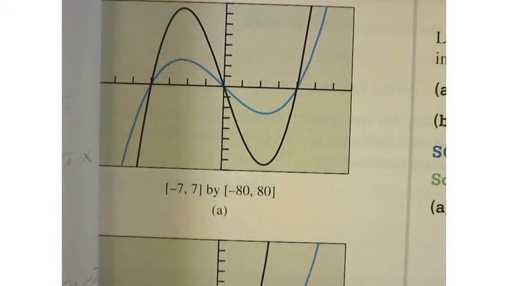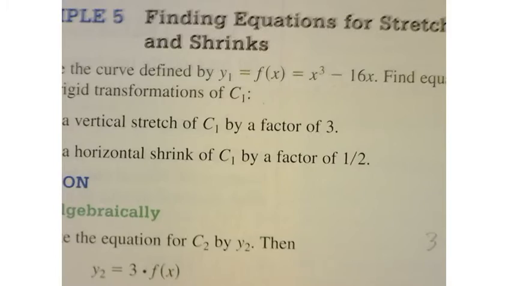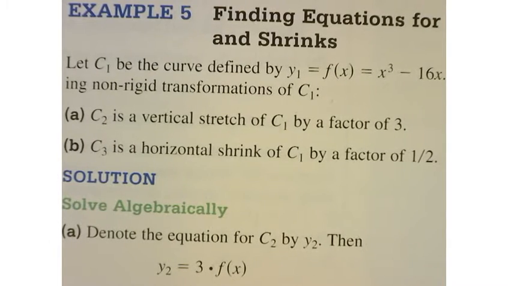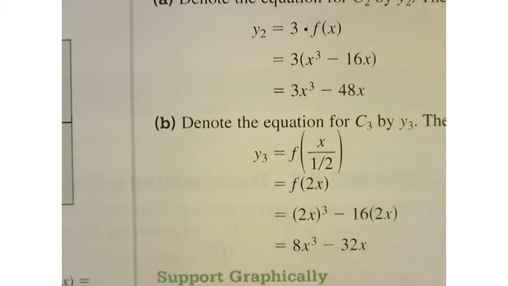Now let's look at part B. Part B, for example number 5, says that we want to do a horizontal shrink by a factor of 1/2. So to shrink it horizontally, we would compress it. Let's look at the algebra first. What I would do is divide by 1/2.